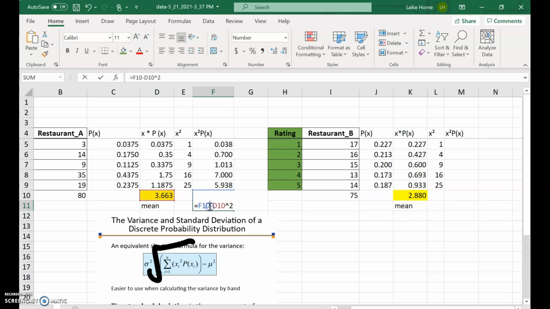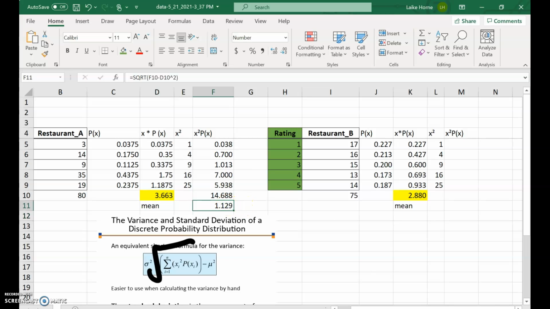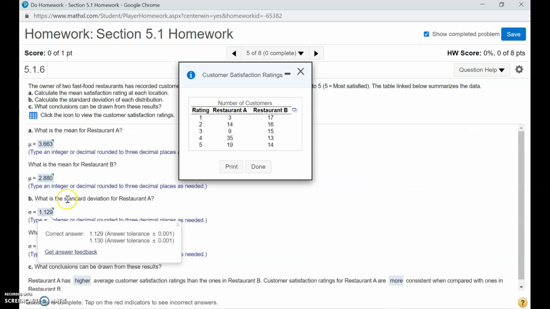What you can do is put square root at the beginning of this and take the square root of that. And so that would be 1.129, which is, you can be off a little bit. You can see the answer tolerance down here and still get credit for it because they do allow for a few different numbers because of rounding.